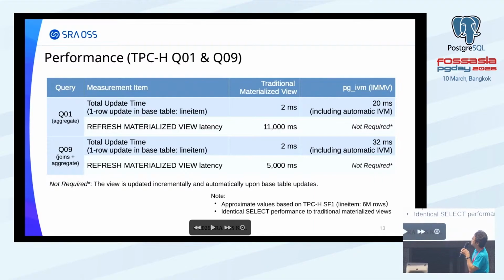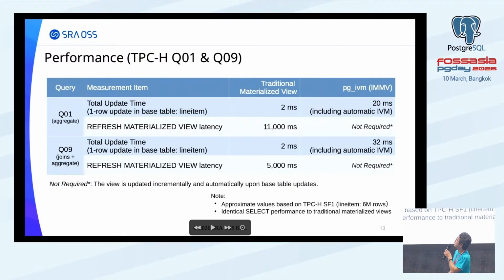So let's look at some performance characteristics. We use TPC-H queries Q01 and Q09. Q01 is an aggregation on the big table, and Q09 includes some joins. Here, the main metric is refresh materialized view latency.